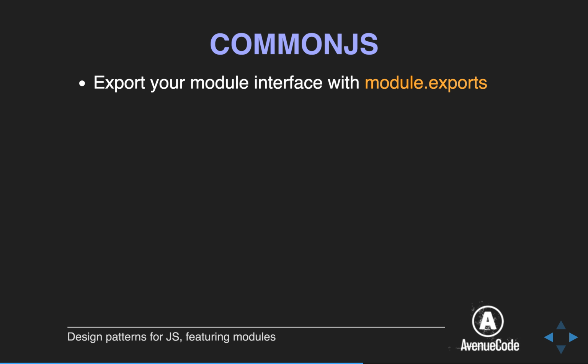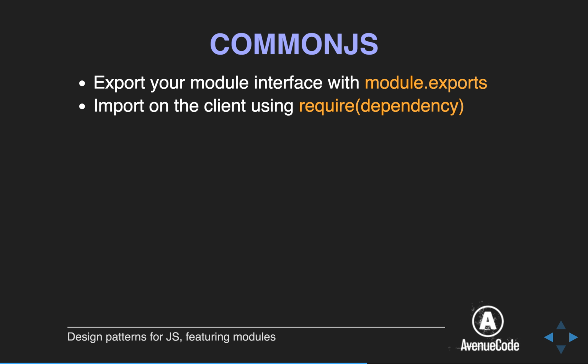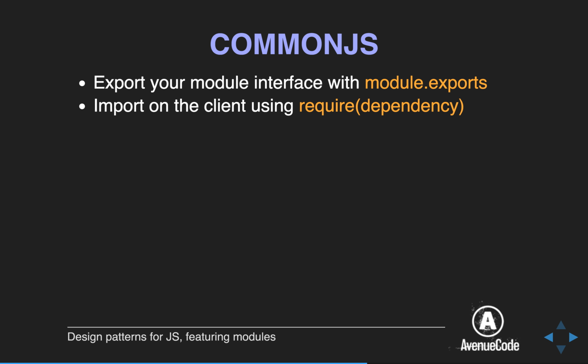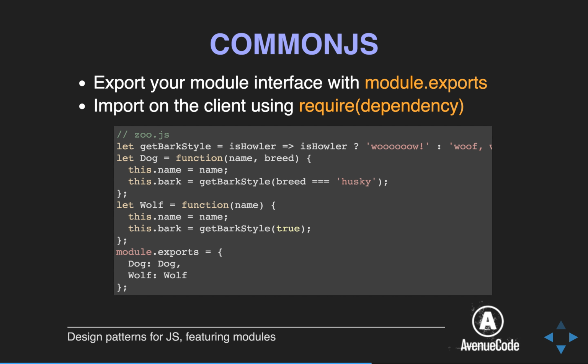How to do CommonJS? You just need to know 2 things. First, how to export your module interface using module.exports. And secondly, how to import them on the client using require. Here's the same Zoo code we have been talking about, but instead of returning, we're doing module.exports equals this interface that has the dog involved.